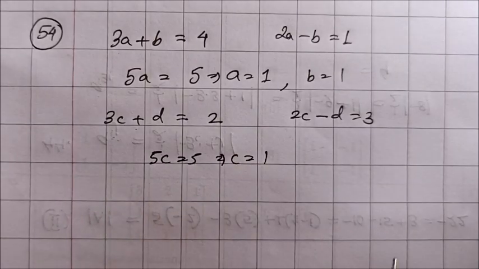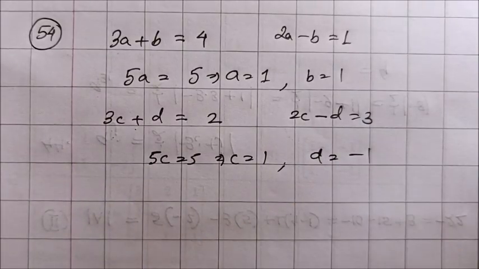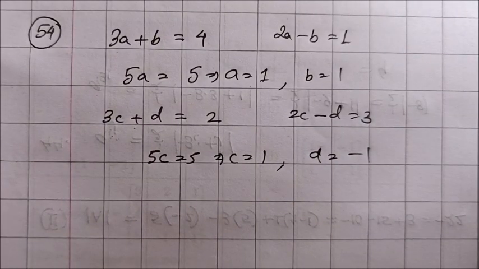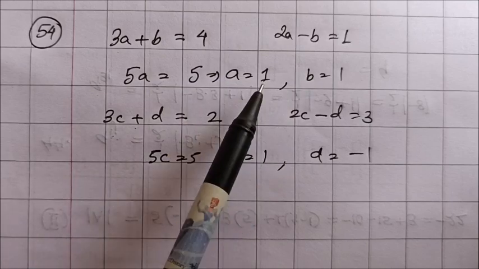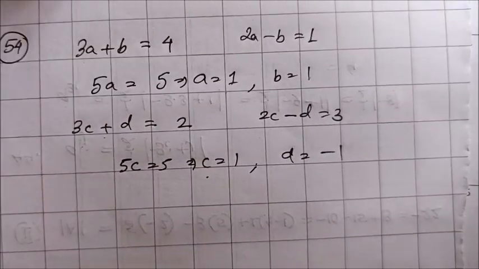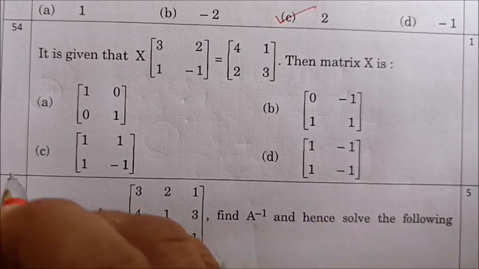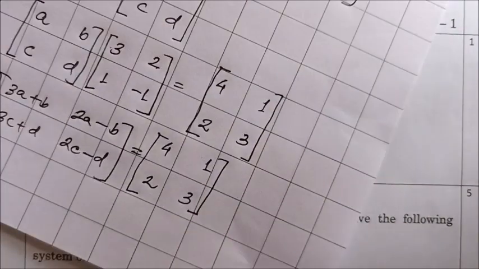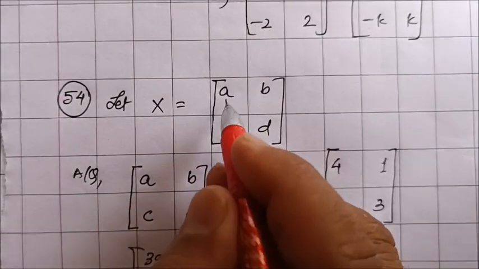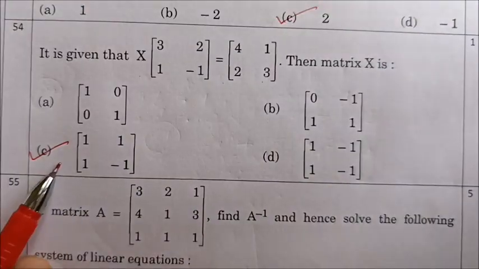Put c equal to 1 over here, so d will be equal to minus 1. So we got a is 1, b is 1, c is 1 and d is minus 1. So the correct option for us will be this one, C, because we took a, b, c, d in this way. We got here 1, here 1, here 1, here minus 1. So the correct option is C.